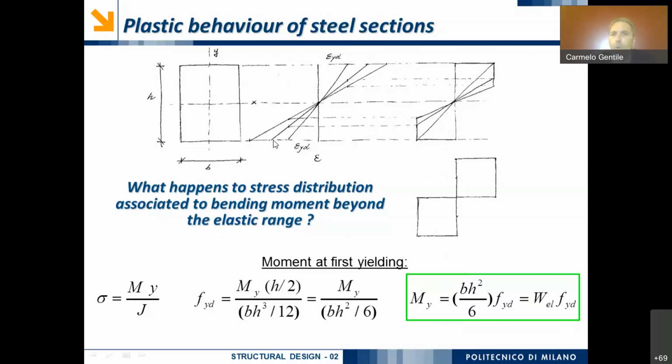For example, some fibers undergo a deformation which is larger than the yielding strain, whereas generally the internal part of the cross-section is still in the elastic range.